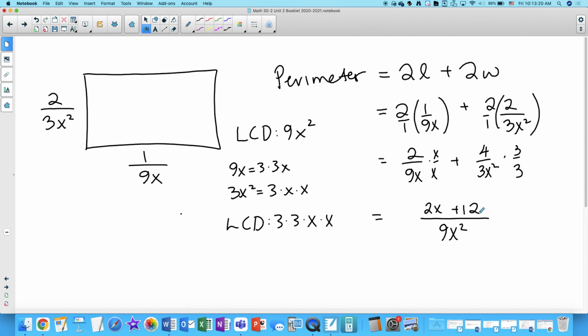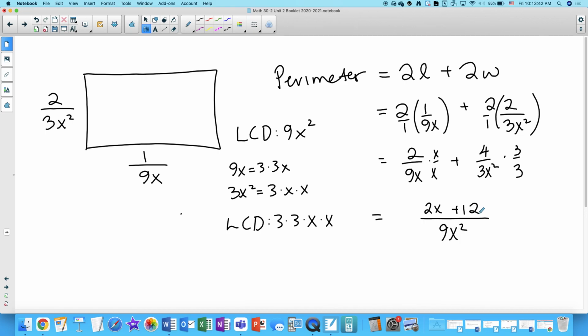Now the only other thing we might be able to do is see if we can factor the numerator and cancel. The numerator does factor in this case: you can factor out a GCF of 2. But if there's a 2 on the outside, it still won't cancel with anything in the denominator, so you can skip that step.